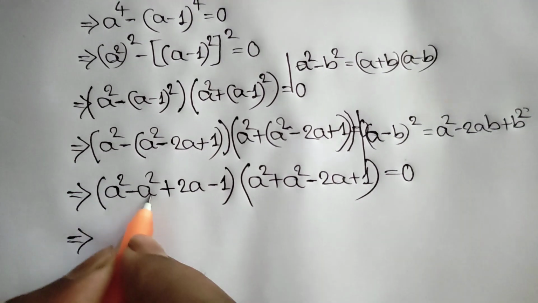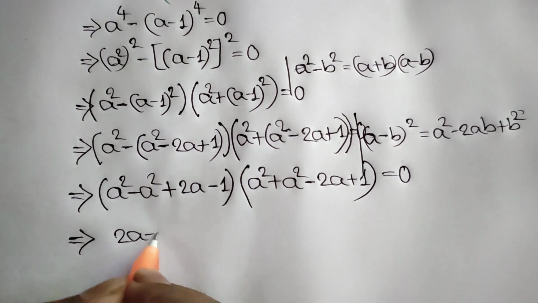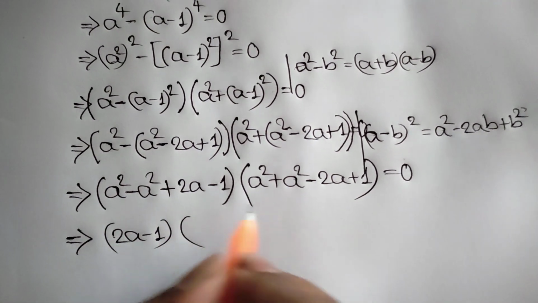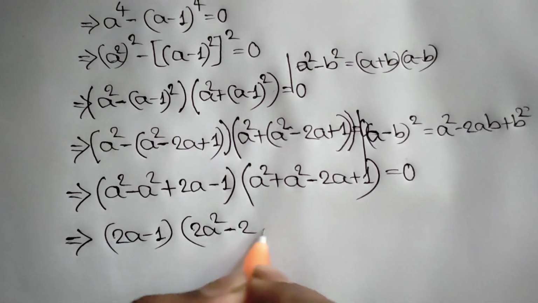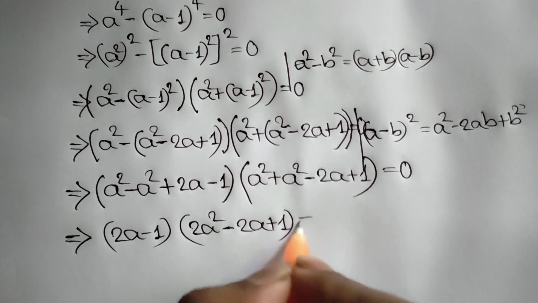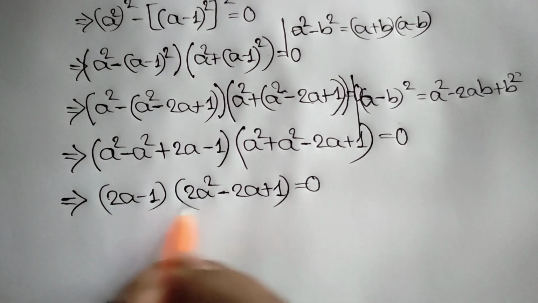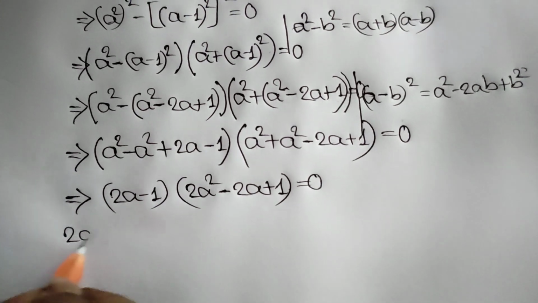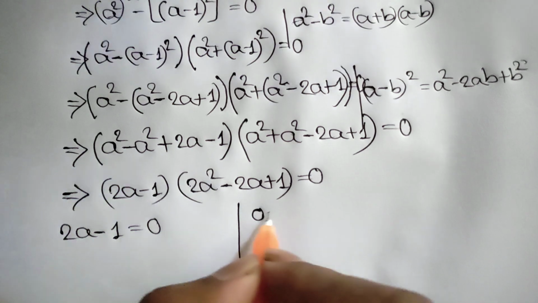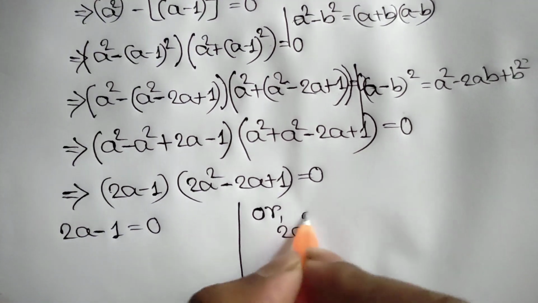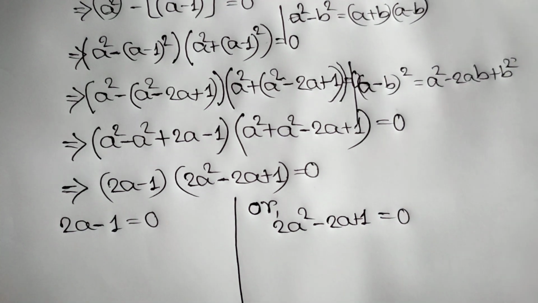This a square cancels out this a square, so here we will get (2a minus 1) times (a square plus a square, that means 2a square minus 2a plus 1) is equal to 0. Now there are two cases: 2a minus 1 is equal to 0, or 2a square minus 2a plus 1 is equal to 0.